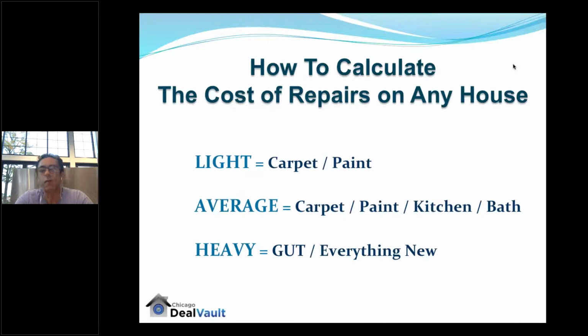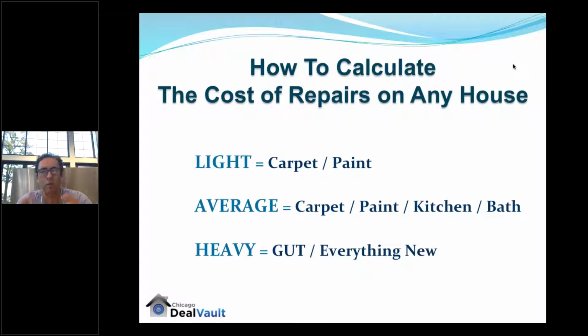Please stay away from heavy or gut rehabs because guess what? You can lose your shirt. You're going to be dealing with the village, every single contractor, plumbing, electric, HVAC, roofers, windows, foundation. Too many issues, okay? Too many unexpected items.